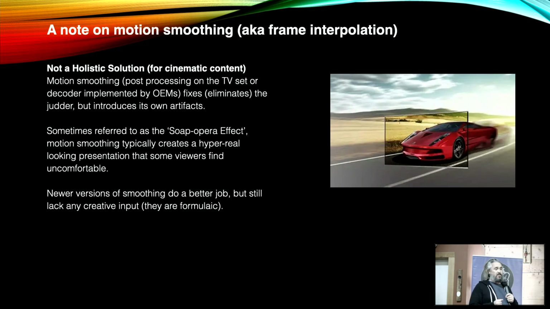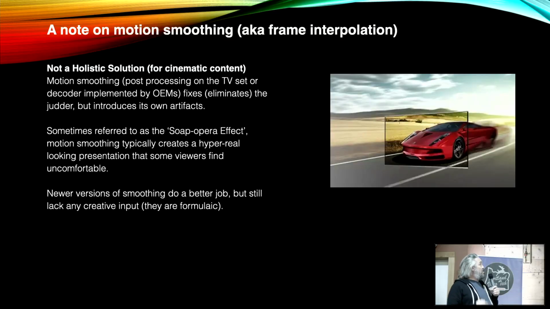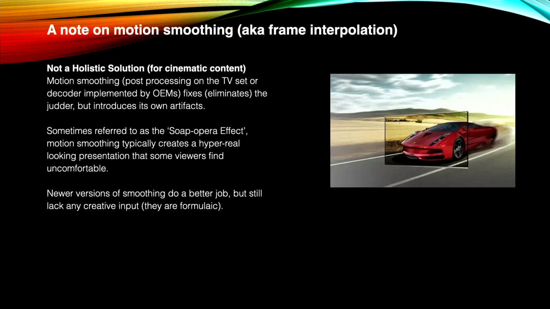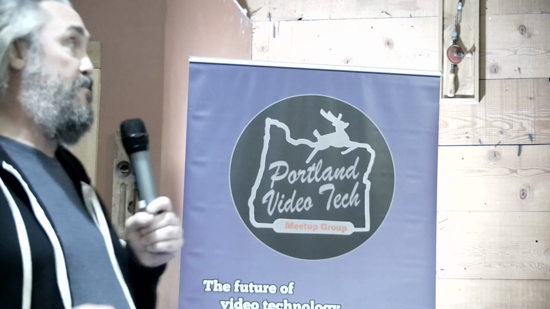We want that story to be told holistically, not just the narrative and the dialogue, but also how it looks and how it feels, which is so much part of a movie experience. If that's lost through some kind of algorithmic interpolation, we're tearing some of the effectiveness or the legs off of a presentation. So motion smoothing is a polarizing subject. Some people love it, because it's the only solution they have to the problem. But in itself, I don't think it holistically solves the problem that we're trying to address.